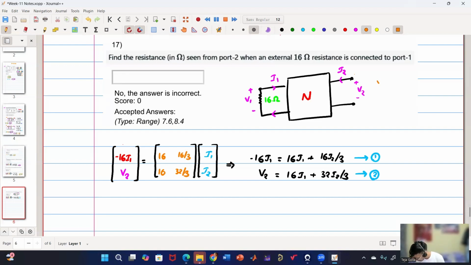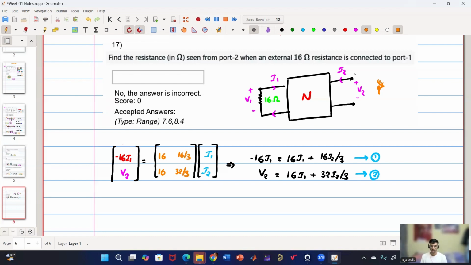Sir, port 2 means output, so the input is from port 2. What voltage by what current? V2 by I1, sir, I think. Why I1? Okay, sir, Z22, V2 by I2.